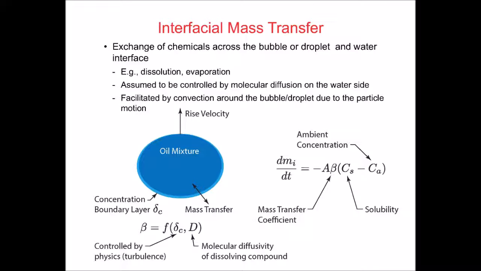So the bigger this chemical difference, so if something's very soluble and not currently present in the water column, we have a big difference in concentration, and we can have a much faster mass transfer. If something is either not very soluble or already present in the water column near the solubility limit, then this potential is lower and it won't be dissolving anymore. So this mass transfer coefficient is what's capturing this light blue boundary layer effect, the rise velocity, and the complicated turbulent wake behind this bubble.